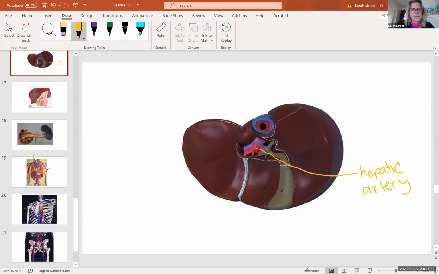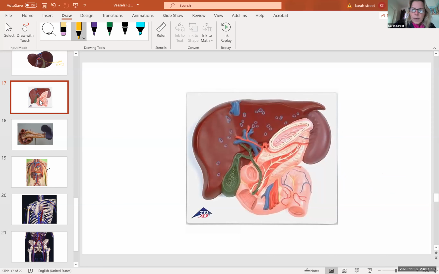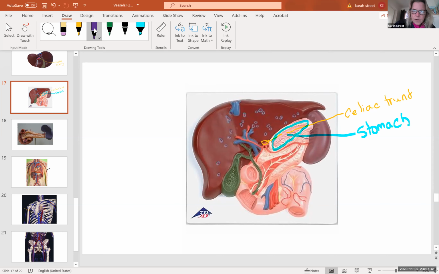Just a few more slides. So again, coming out here, this little area, that's the celiac trunk. And I'm going to highlight in blue, this area here is the stomach. And you can see there's a tiny little artery shown on that model going to the stomach.